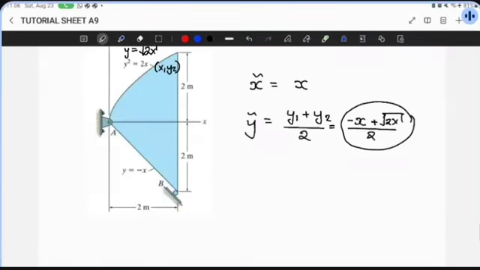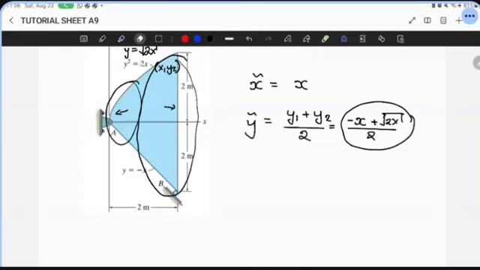So when we check here, clearly the centroid must be closer to this line than to the origin, because you see there is more mass this side than this side. So it should be more than the halfway point. If the halfway point is at 1, the centroid must be at a position more than 1.